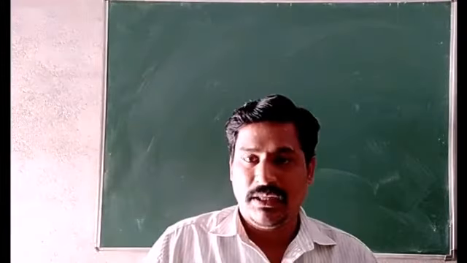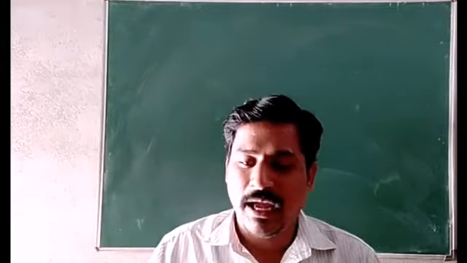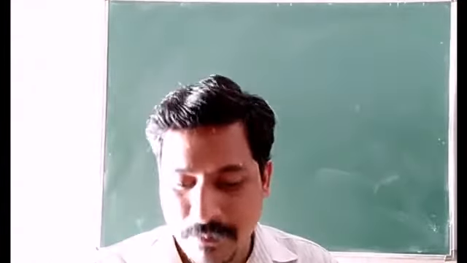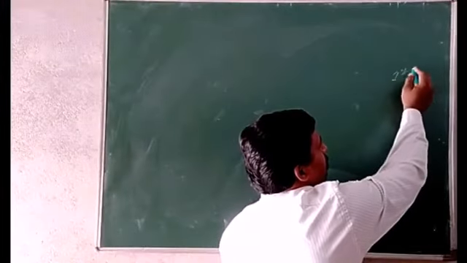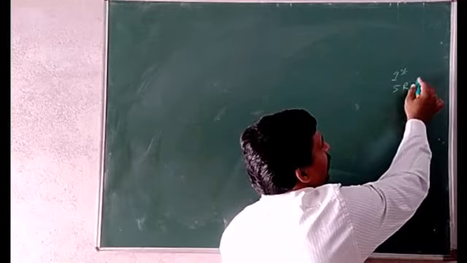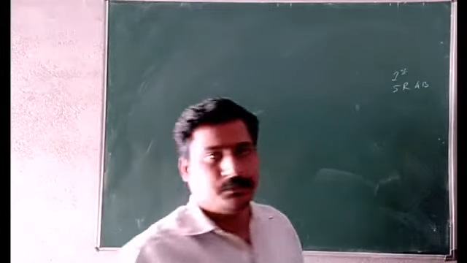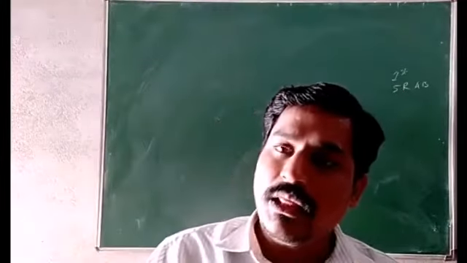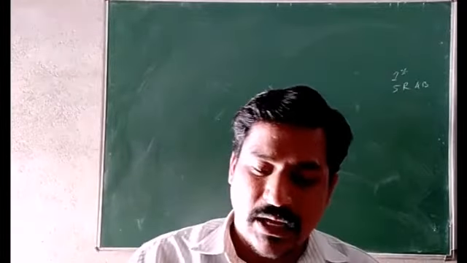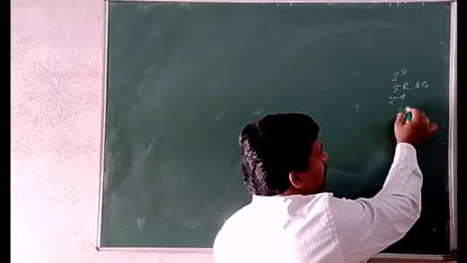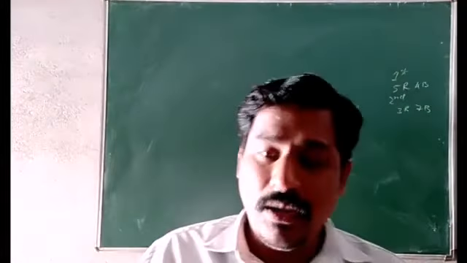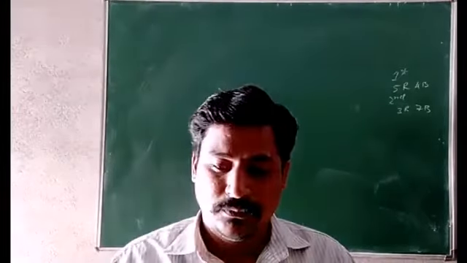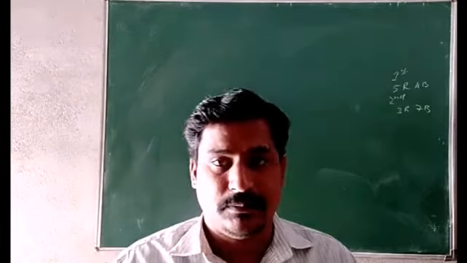Question number 33. A bag has 5 red and 4 blue marbles. So the first bag has 5 red and 4 blue marbles. And another bag has 3 red and 7 blue marbles. So the second bag has 3 red and 7 blue marbles. Now, a ball is drawn from the first bag and is placed in the second.